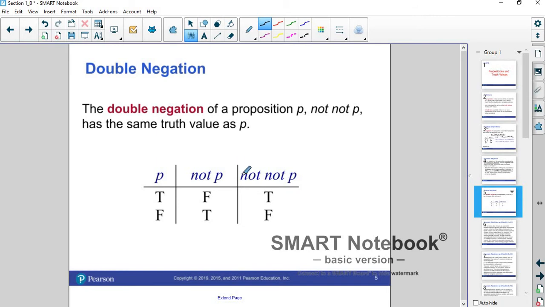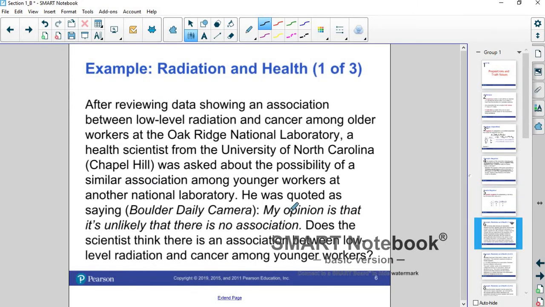Now, if you negate things twice, not not P, well, just like a double negative in mathematics, two negatives make a positive. Well, not not P also makes a positive. All right, and we try not to speak that way, but occasionally that happens. So here's an example of that. At Oak Ridge National Laboratory, they did a study on workers there because of low-level radiation and cancer.